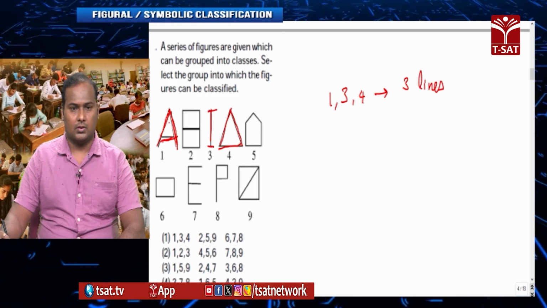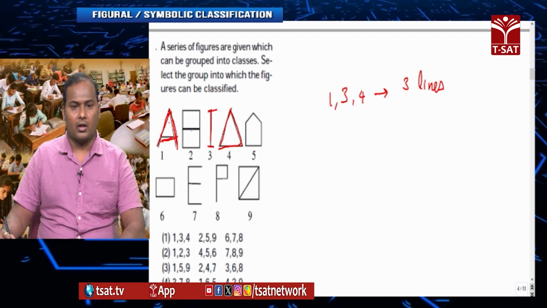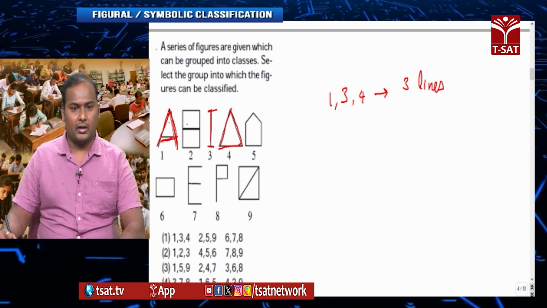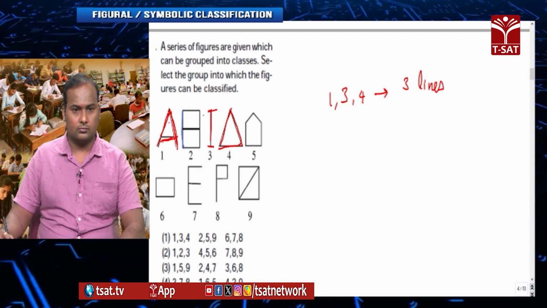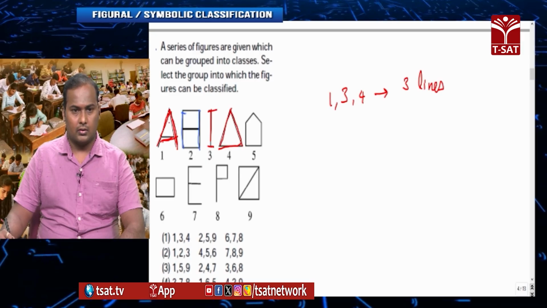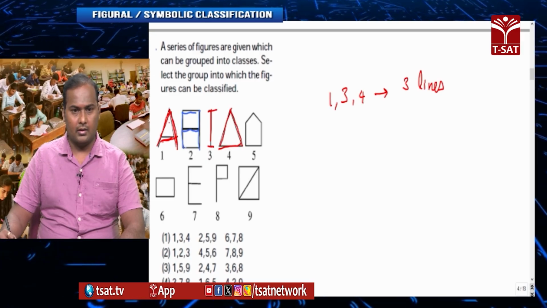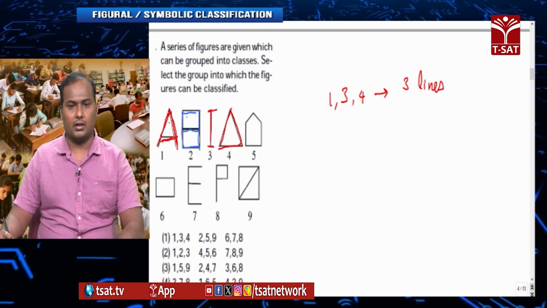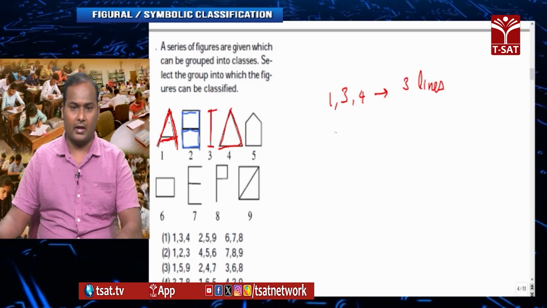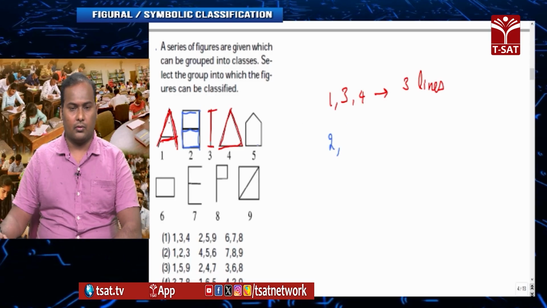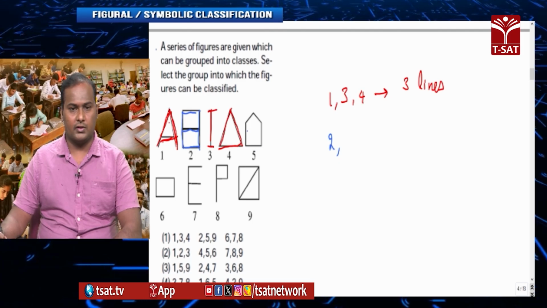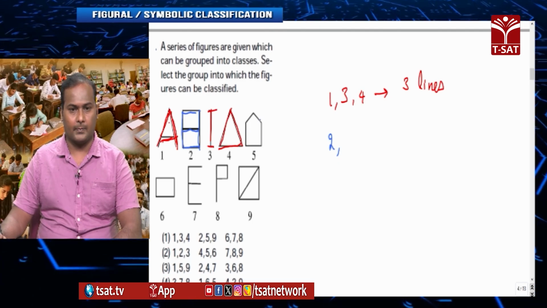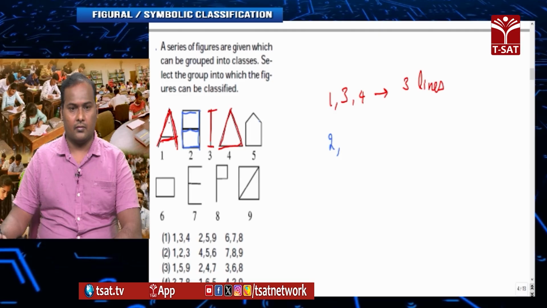Now see the second group. In the second figure, how many lines are there in total? 1, 2, 3, 4 and 5. A total of 5 lines. So check other figures where you can see 5 lines. Figure 5 is 1, 2, 3, 4, 5, so here also I can see 5 lines.